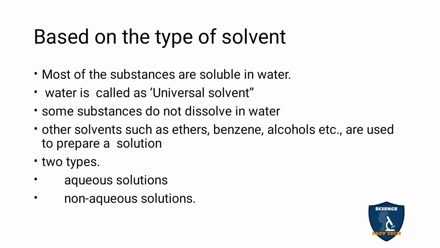Based on the type of solvent, the solution is again divided into two types. You all know water is the universal solvent and most substances will dissolve in water, though some substances won't. Based on that, it is divided into aqueous solution and non-aqueous solution.